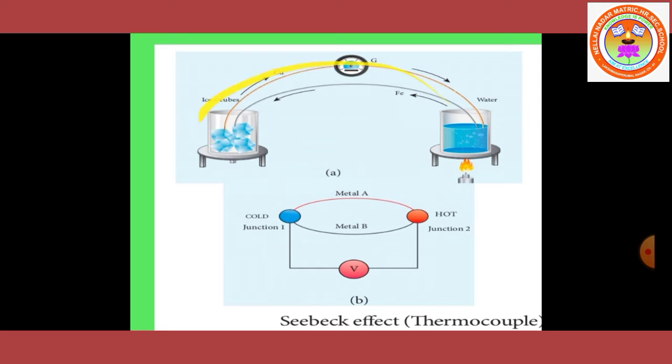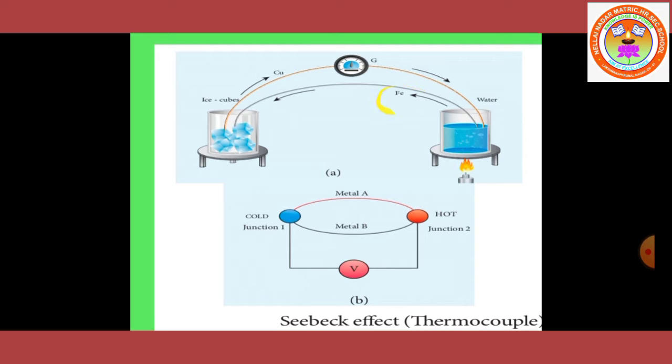Students, you can see the picture for the Seebeck effect, that is a thermocouple. Here one is iron and another one is copper.